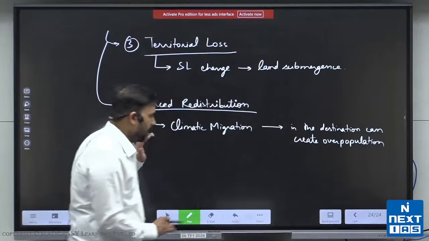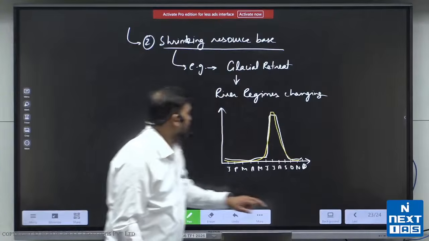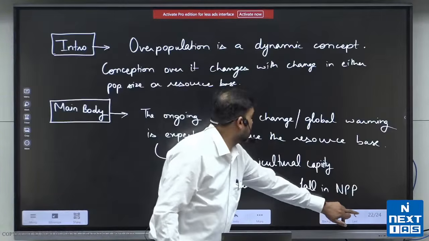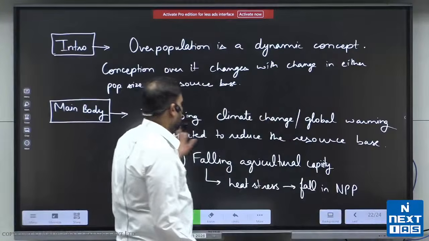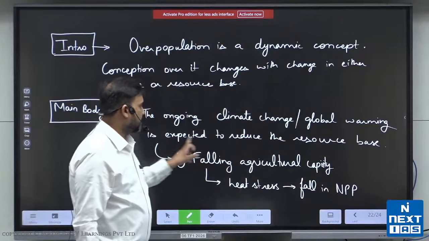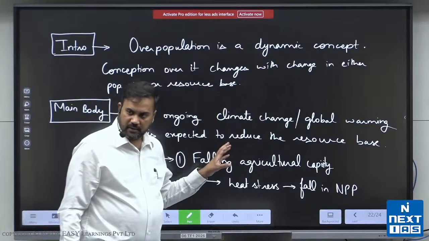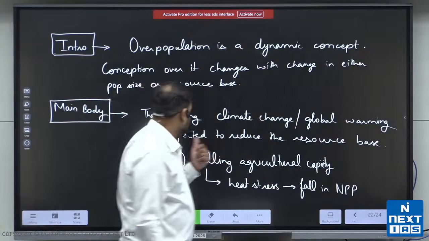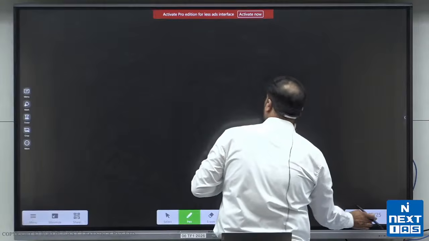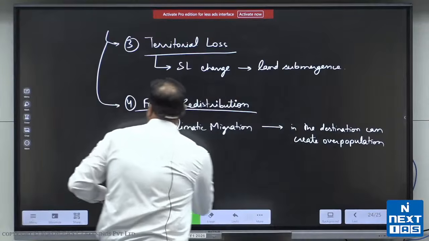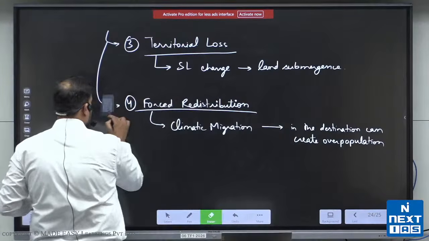So अब जब मैंने ये बता दिया कि कैसे हम यहाँ पर we were talking about ongoing climate change is expected to reduce the resource base. ठीक है, वहाँ पर हम एक अलग पॉइंट लिख सकते थे, चौथा पॉइंट के बजाय हम इसको क्या कह सकते थे?